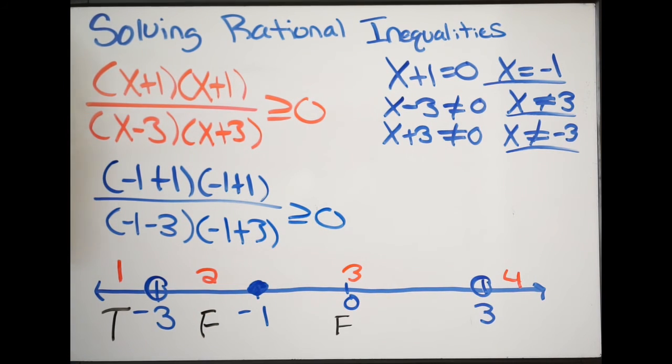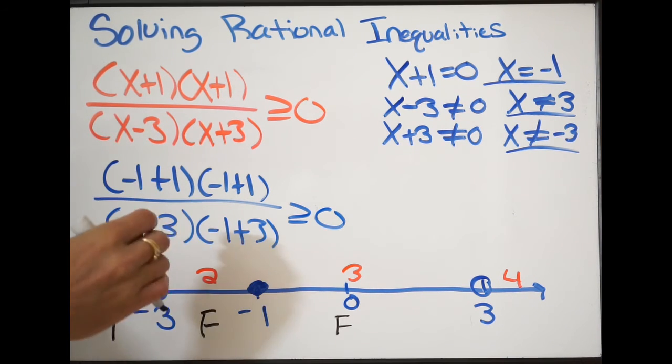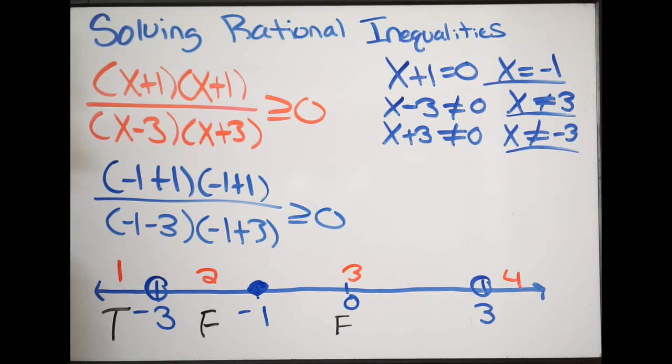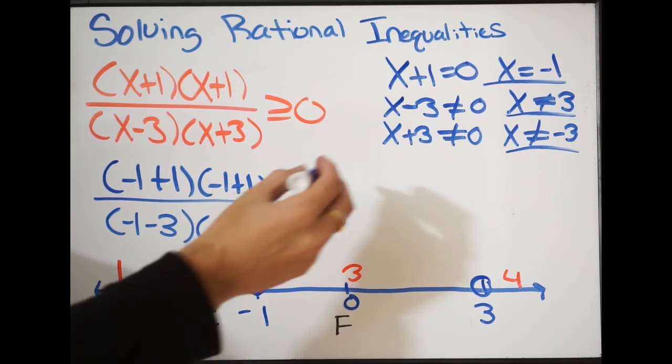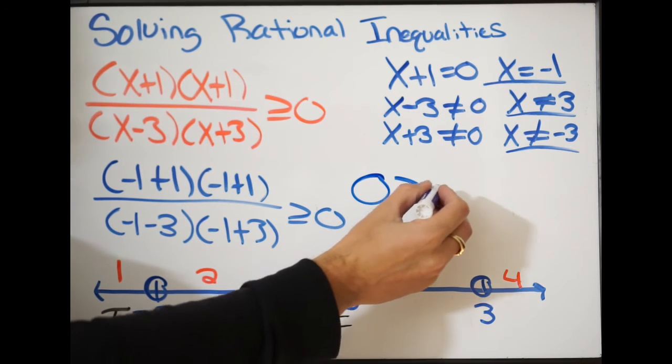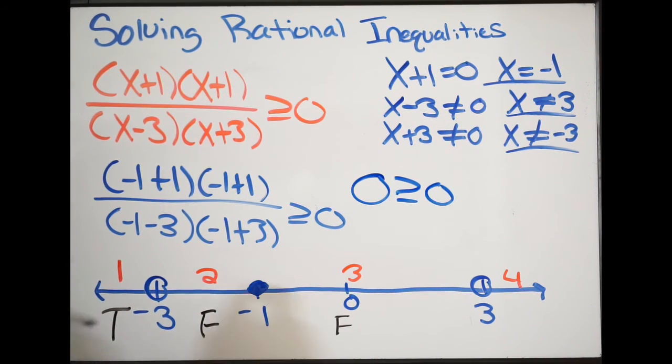Well, I can already see on my numerator, negative 1 plus 1 is 0. 0 times anything is 0, and then I'm doing 0 divided by whatever I get on my denominator. That's just going to be 0. 0 divided by anything is 0. So essentially what you're going to have is 0 is greater than or equal to 0, and that's true. So you need to include negative 1 in your solution in the end. So just keep that in mind.